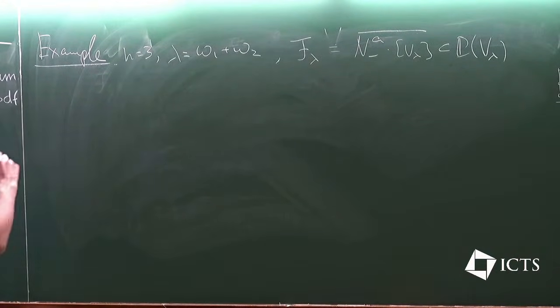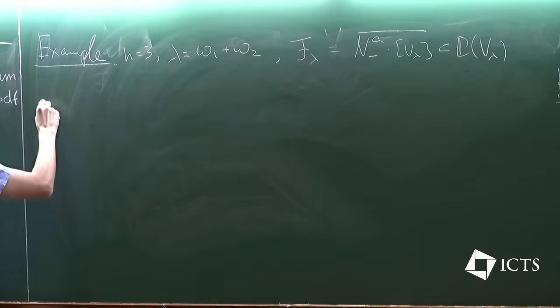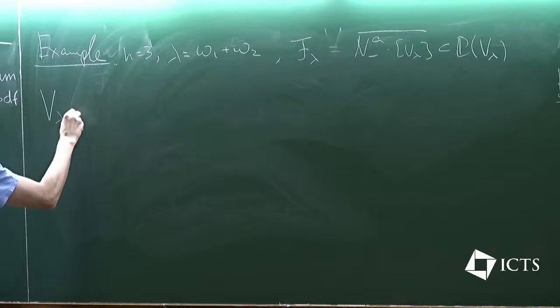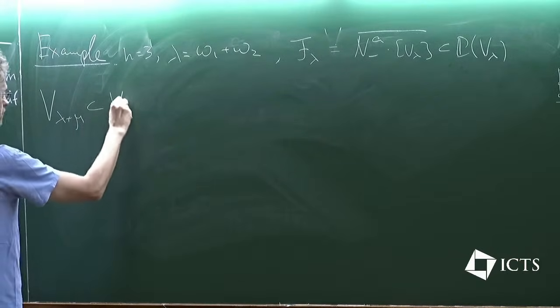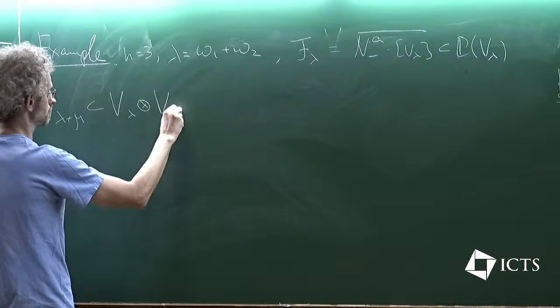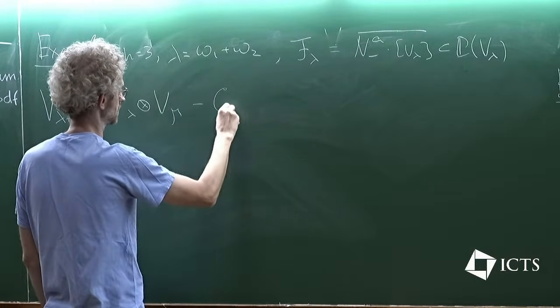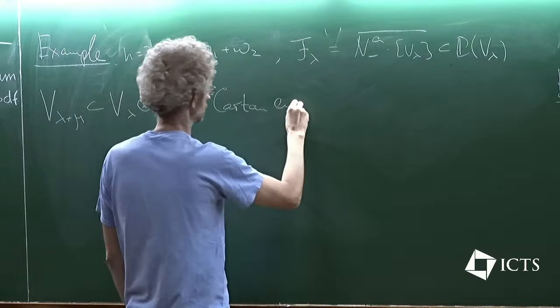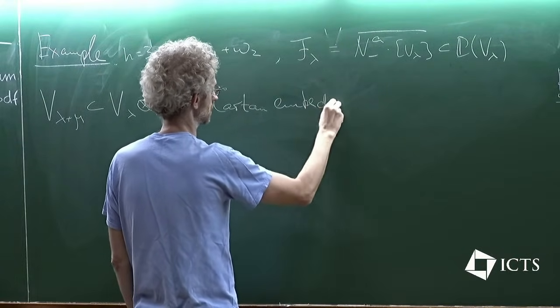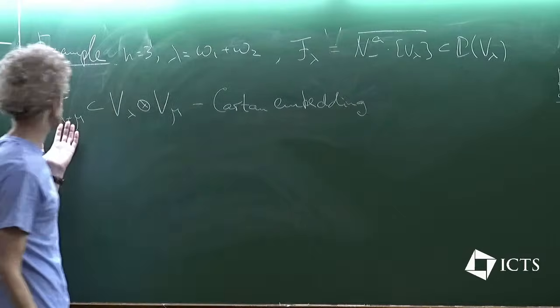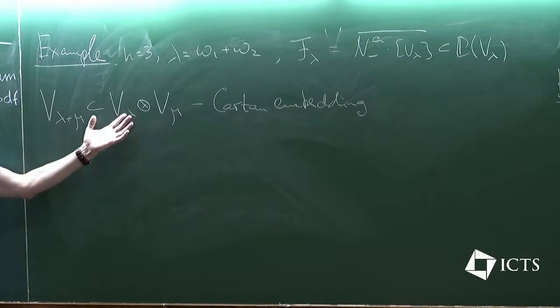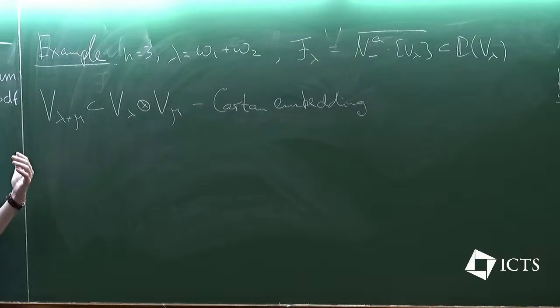So you remember, one step back, we had the embedding V lambda plus mu sitting inside V lambda tensor V mu. So this is the Cartan embedding or highest weight component. And it's very easy to see that indeed V lambda plus mu is here, right? Because if you take the tensor product of two highest weight vectors, then it is a highest weight vector of weight lambda plus mu. So it's killed by the upper triangular part, and you have the weight which we need.